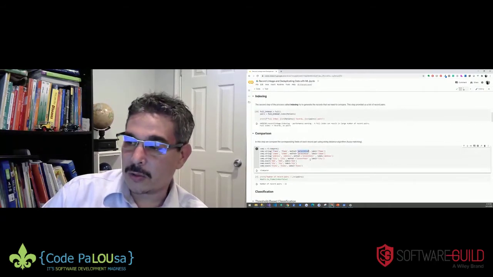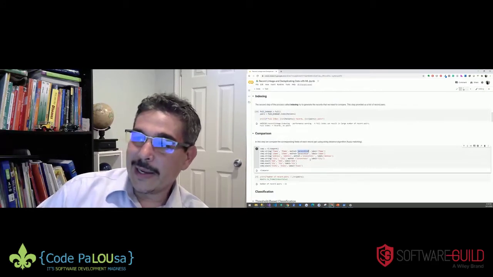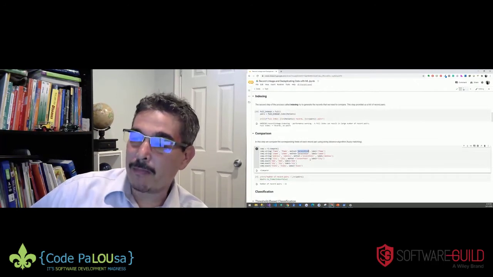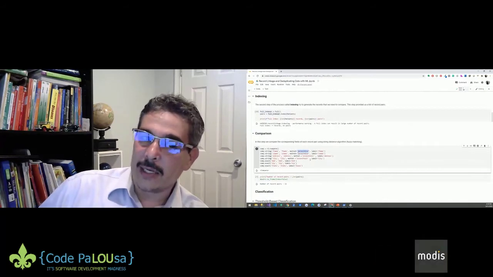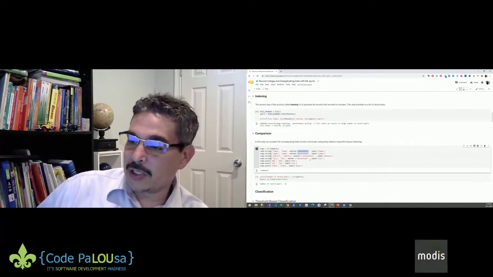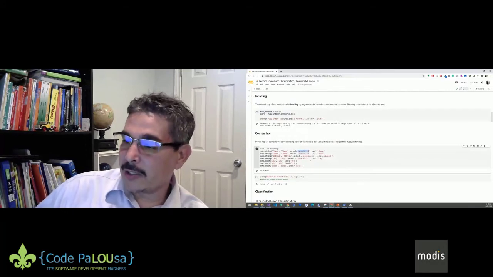Why Jaro-Winkler? Because it is more about the position of the letters. If you write Matt and Matthew, because the first 3 letters are the same, it will give them more weight than the Levenshtein algorithm. That's why we use Jaro-Winkler for this type.